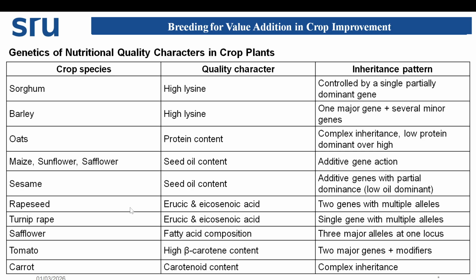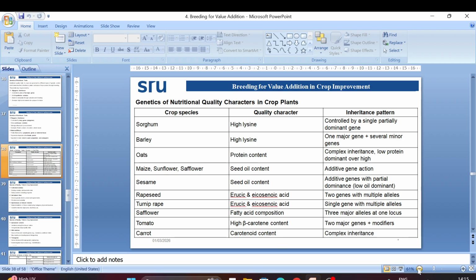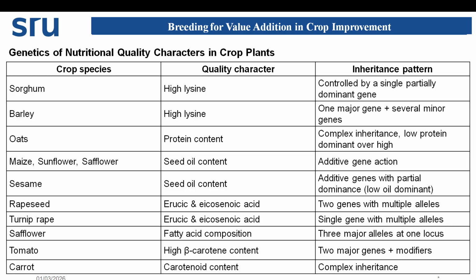Then in rapeseed, erucic and eicosanoic acid, two genes with multiple alleles. Same in turnip rape, single gene with multiple alleles. Safflower, fatty acid composition, three major alleles at one locus. Then in case of tomato, high beta carotene, two major genes plus modifiers. In carrot, carotenoid content has complex inheritance.